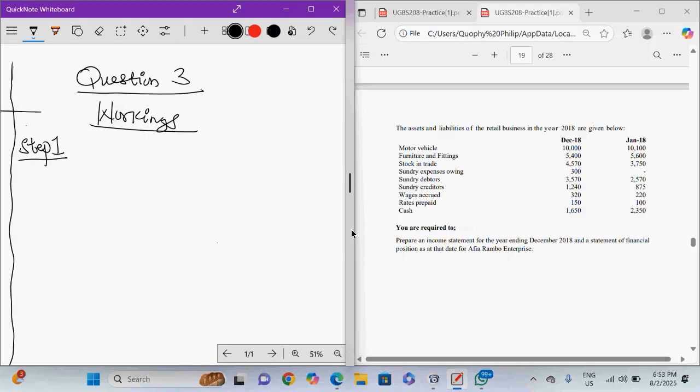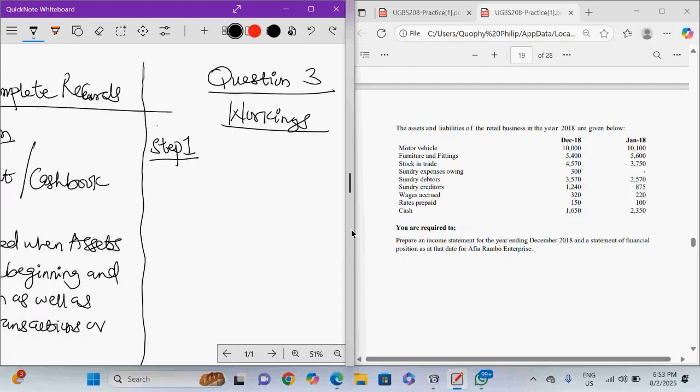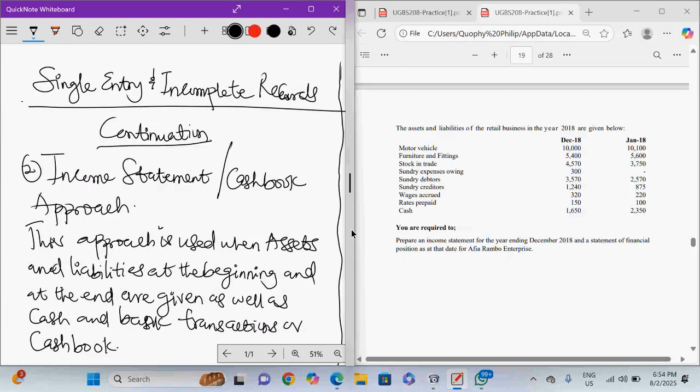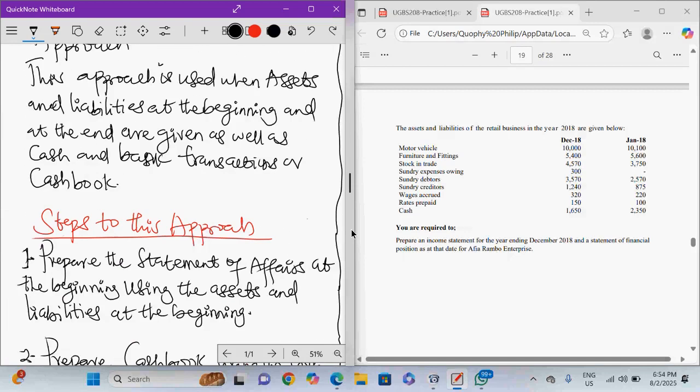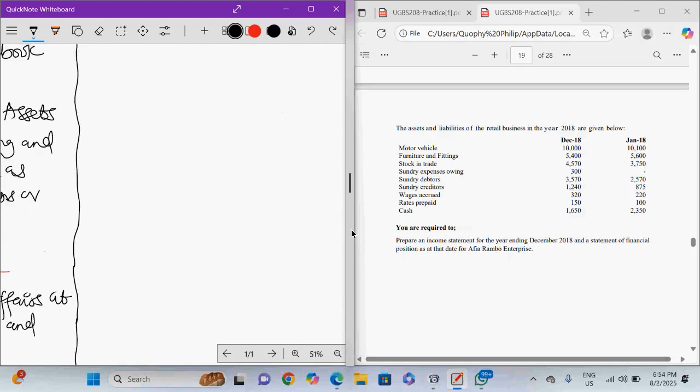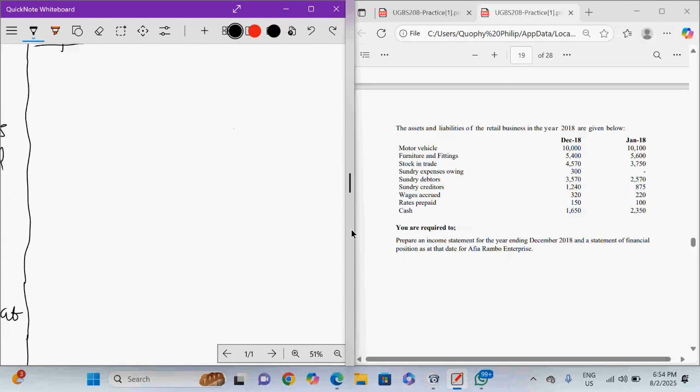So what is the first step that we said? To prepare the statement of affairs at the beginning, using the assets and liabilities at the beginning. Exactly. So we are moving through this.